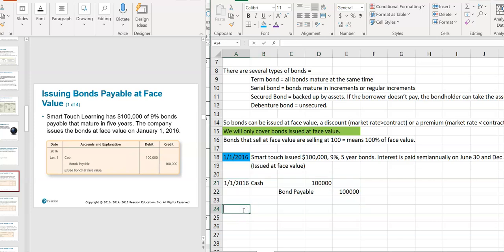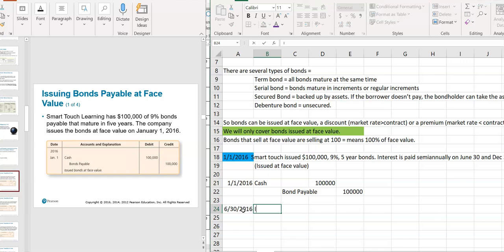Okay, then the first interest payment on June 30th of 2016, they're going to have interest expense and cash going out the door. And it's going to be the face amount of the bond, $100,000, times the interest rate, times 6 over 12 months, because half a year has gone by.